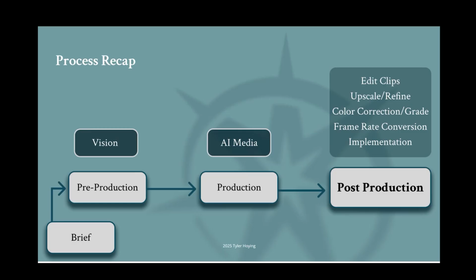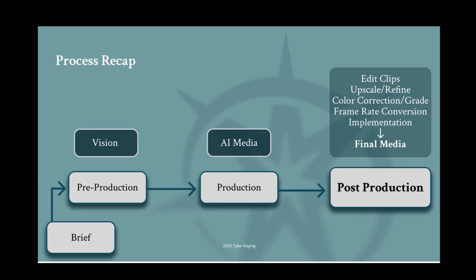This project in particular used 30 frames per second. Most of the generated content from AI used 23 point something, or 24, or even 25 frames per second. So I needed to pass those through a particular tool to correct the frame rate. And then, of course, finally, we have implementation, which gives us our final media pool, which can be exported.